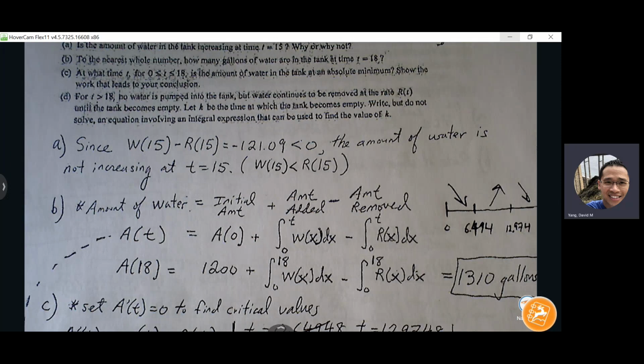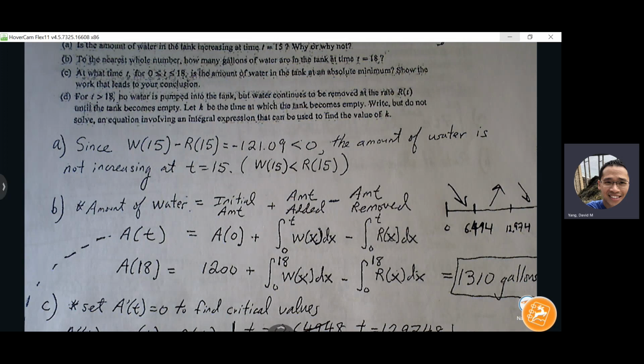And how much is in the tank at 18 hours? How much water is in the tank? Do we know? 1310, yeah. So R of T has to continue to work until 1310 gallons have been removed from the tank.